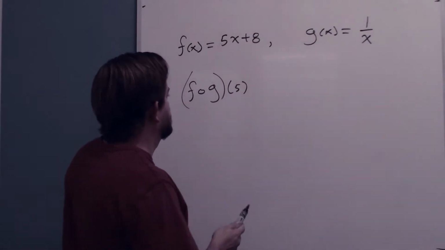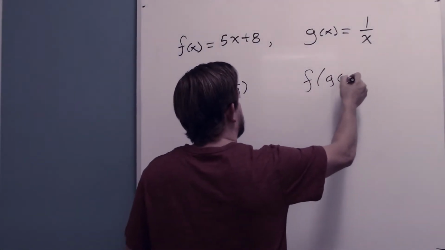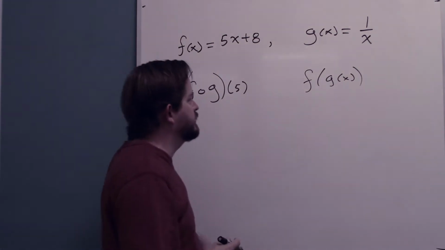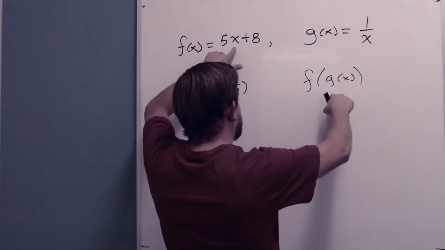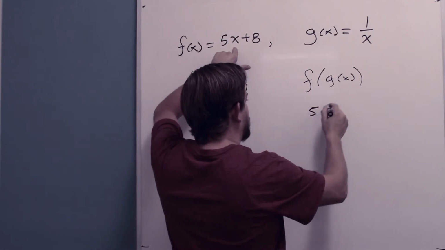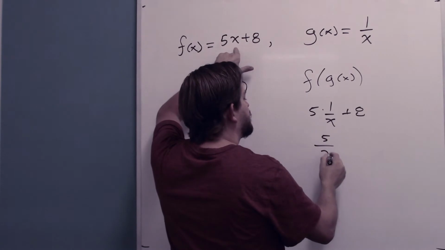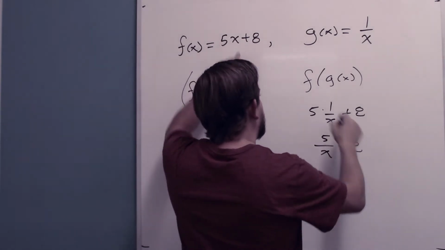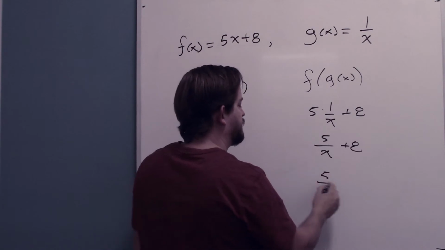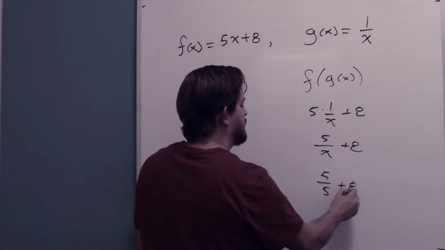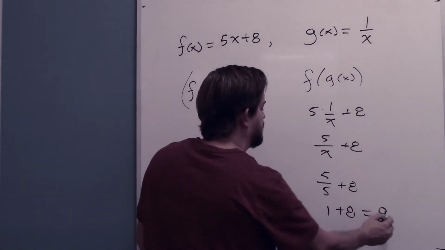I can say, let's find f of g of x, and then plug in 5 later. But again, that's just taking g and plugging it in here. So instead of the x, I have 5 times 1 over x plus 8, which we said you could simplify as 5 over x plus 8. And I want to evaluate this at 5, so now I plug in 5. So I have 5 over 5 plus 8. 5 over 5 is 1, plus 8 is 9.